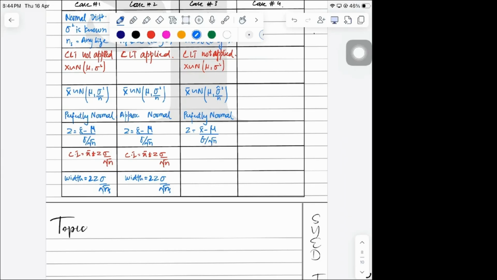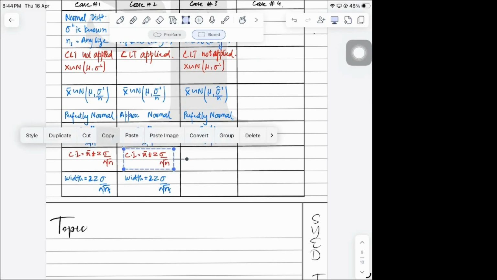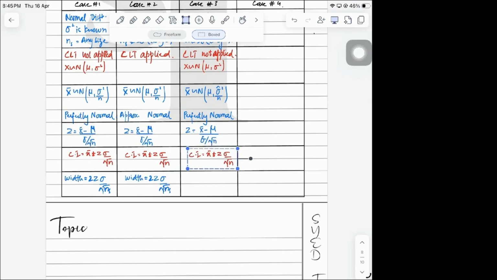And the class interval will remain the same for this case as well, but at that time I have to use the estimate of variance.